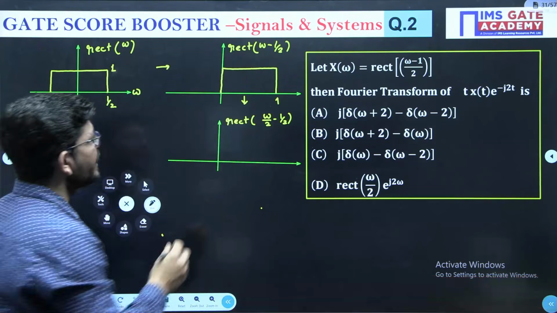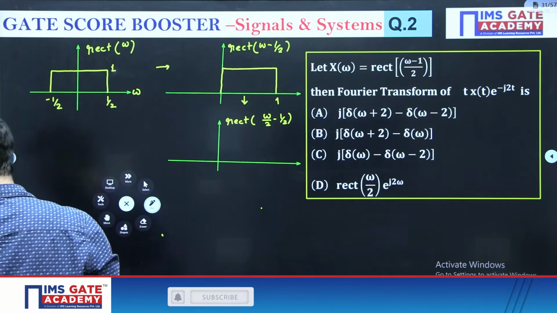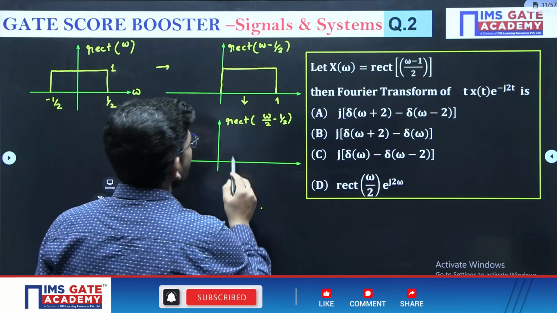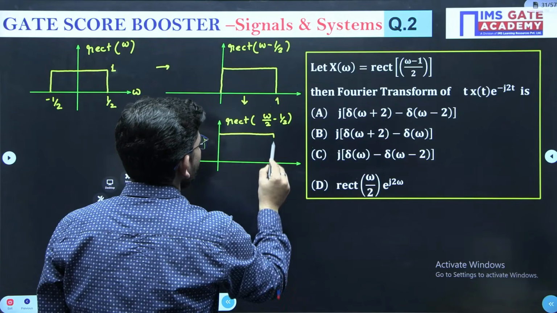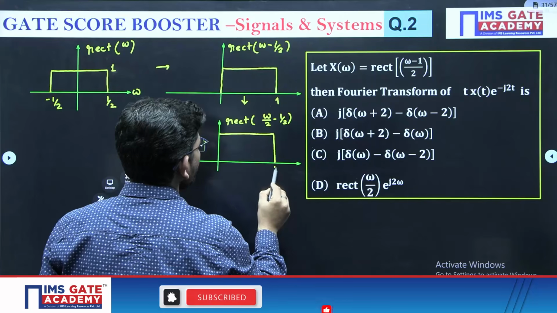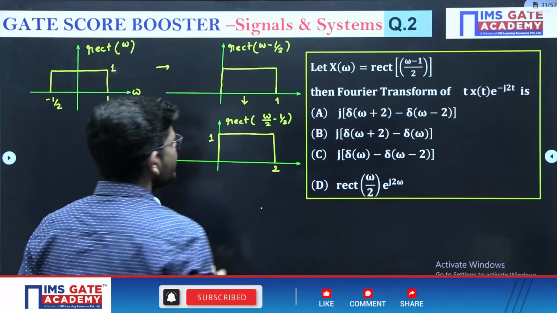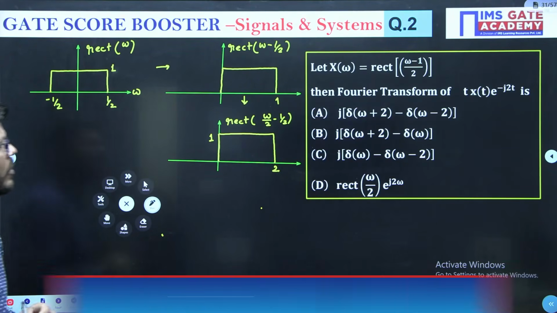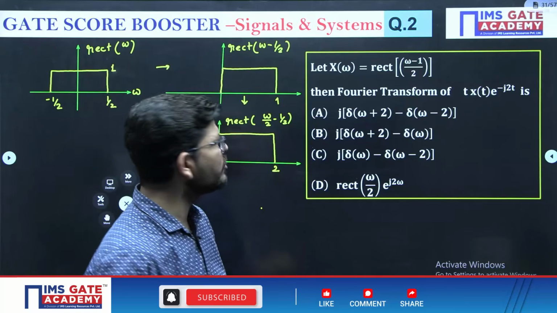So after doing scaling, what will this become? Just do the scaling. So it will be 0 to 2. Correct? This duration will become 0 to 2. So this is the signal that we have, rect of omega by 2 minus 1 by 2, or omega minus 1 by 2. So you got your signal.